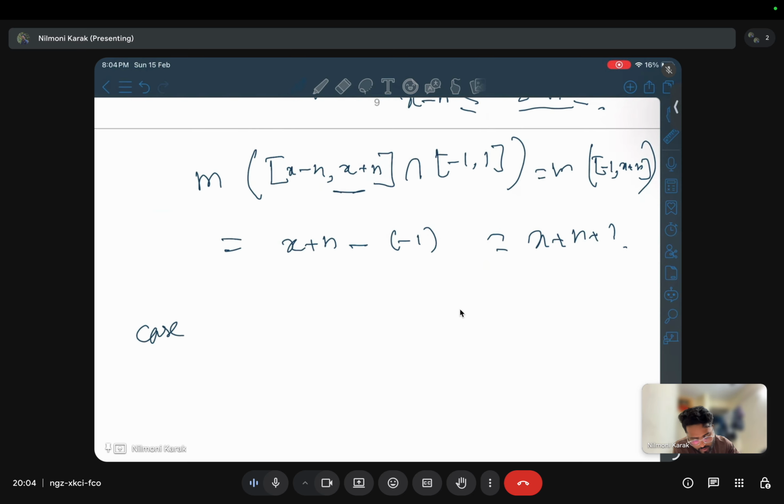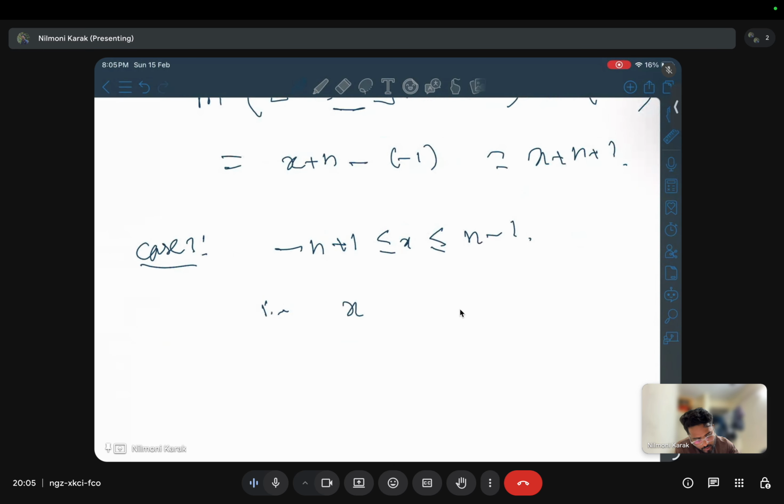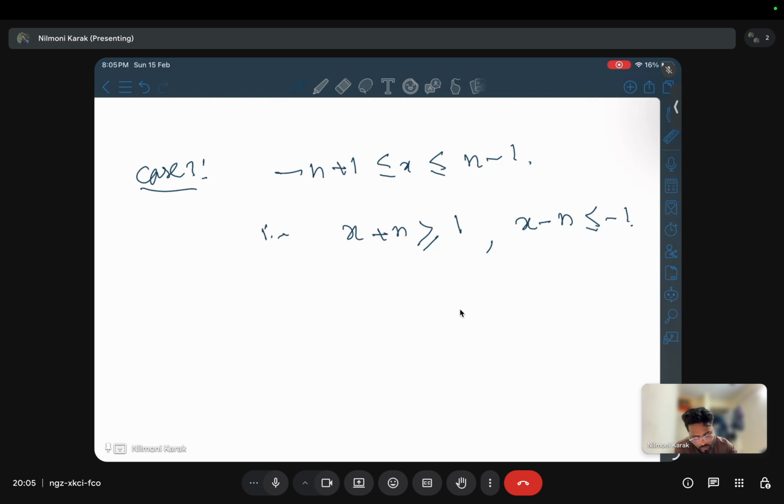And case 3: minus n plus 1 less than or equal to x less than or equal to n minus 1, and that is x plus n greater than or equal to 1 and x minus n less than or equal to minus 1.